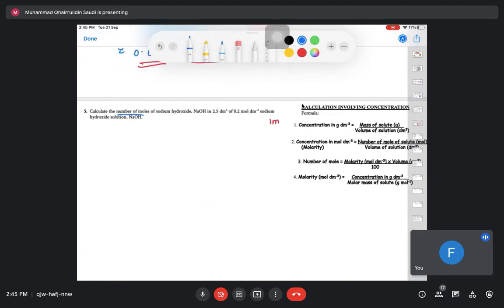Calculate the number of mole of sodium hydroxide in 2.5 decimeter cube of 0.2 mole per dm cube solution. Which formula should we use this time? Good, formula number 3. Number of mole is equal to molarity times volume. The molarity is 0.2 mole per dm cube, and the volume is 2.5 decimeter cube. Do we have to divide it by 1000?